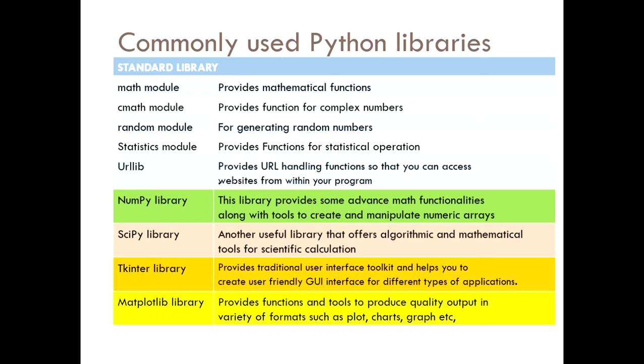The urllib, uniform resource locator library, provides URL handling functions so that you can access websites from within your program. The NumPy library provides some advanced math functionalities along with tools to create and manipulate numeric arrays. The SciPy library is another useful library that offers algorithmic and mathematical tools for scientific calculations.